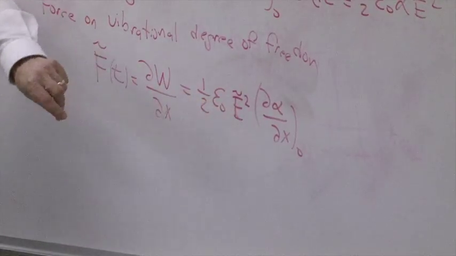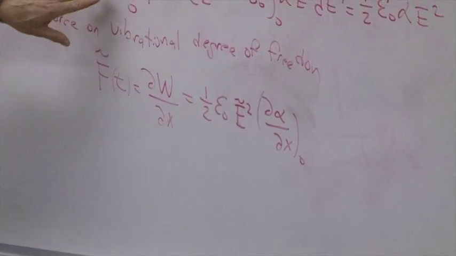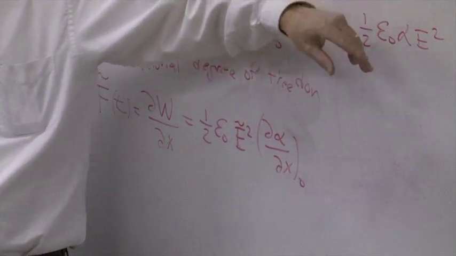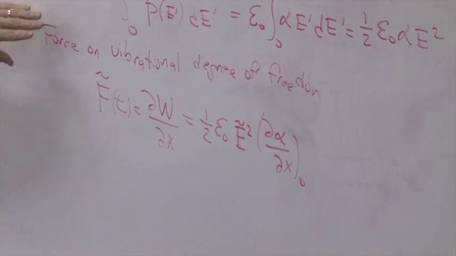And here I've replaced E by the time varying field because this is what we were calculating here.